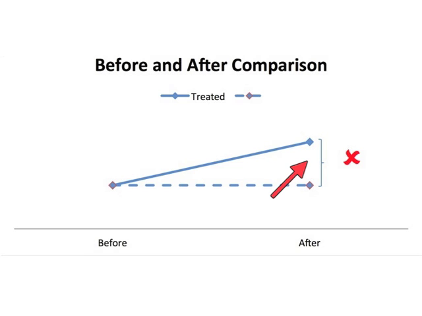By just comparing the outcome before and after the program, we're assuming that there would otherwise have been no change. If this assumption were valid, we could say that the effect of the program is the difference between outcomes. But the outcome could have changed for a variety of reasons, and it's not reasonable to make this assumption.